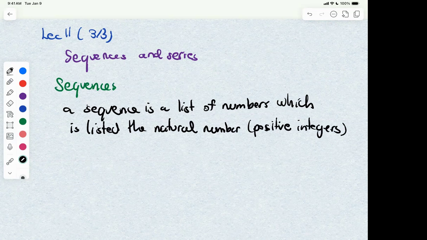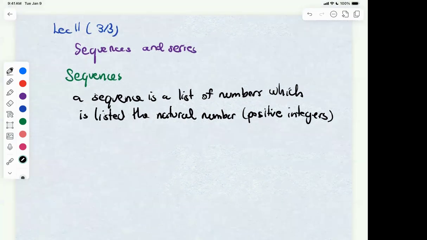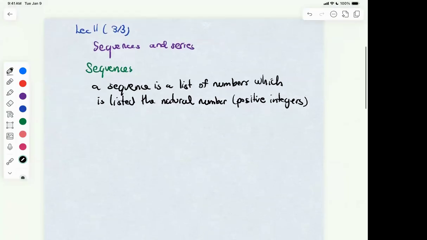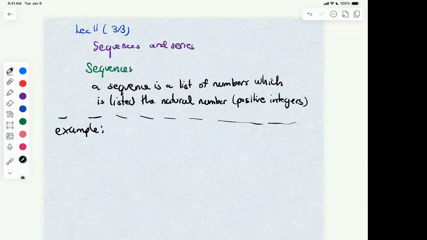So for example, let me just write a few examples of what I mean. This is like those games in newspapers where you're just trying to find the pattern to the list of numbers.